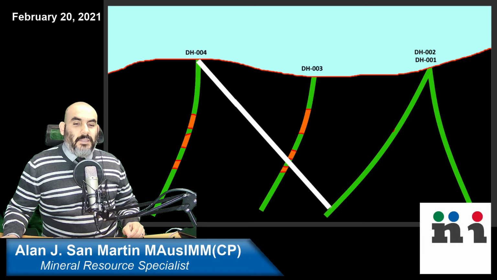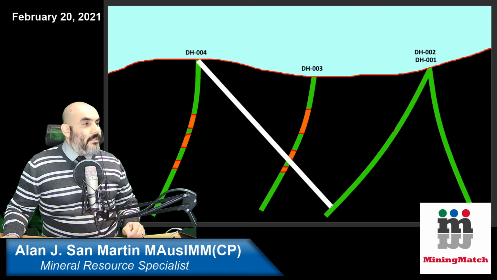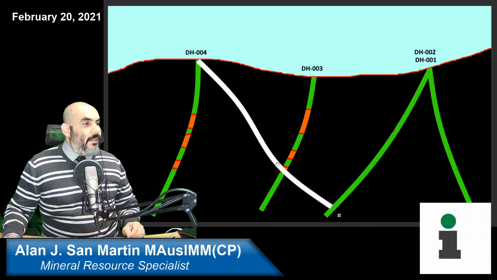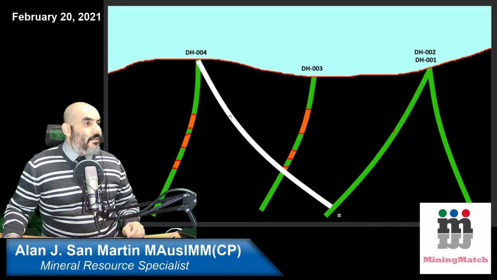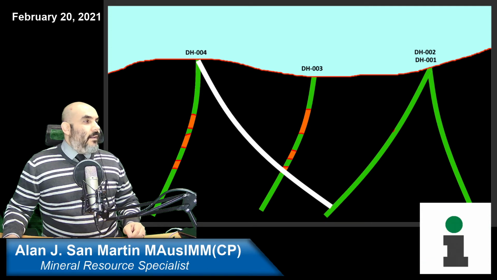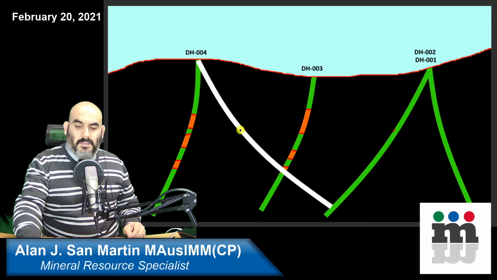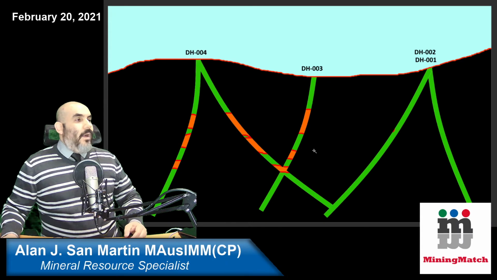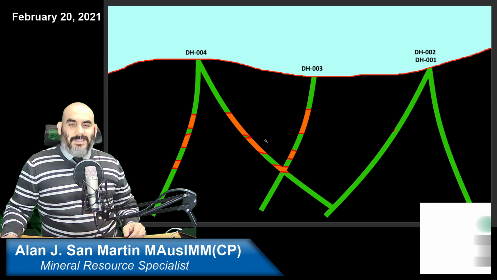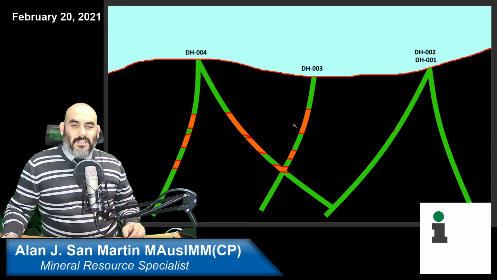Okay? So let's see what happens. You do the deviation like that. And now let's extract the core. Wow, great. Look at that.